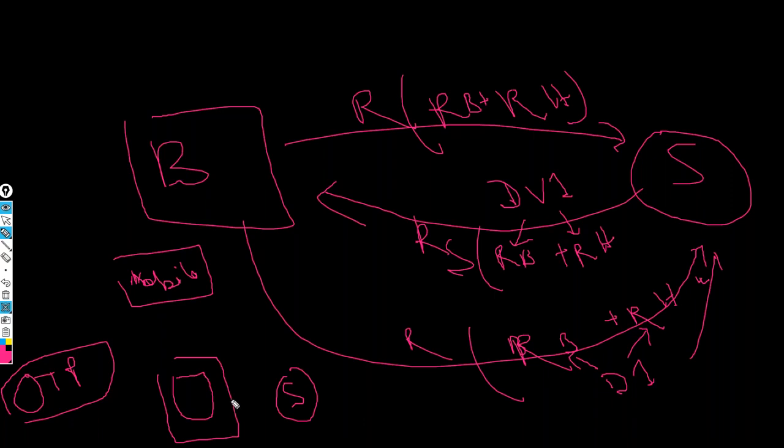Suppose on ICICI or anything, you have sent some money to a friend. So you have done one transaction and your OTP came. Let us say whatever OTP came, we give it the name OTP1. That OTP you have to enter. Who has sent you that OTP? The server only has sent you that OTP. You have to enter that OTP on that form and select submit, and that OTP with that request will go back to the server only. And then after that, that amount will be transferred to your friend.